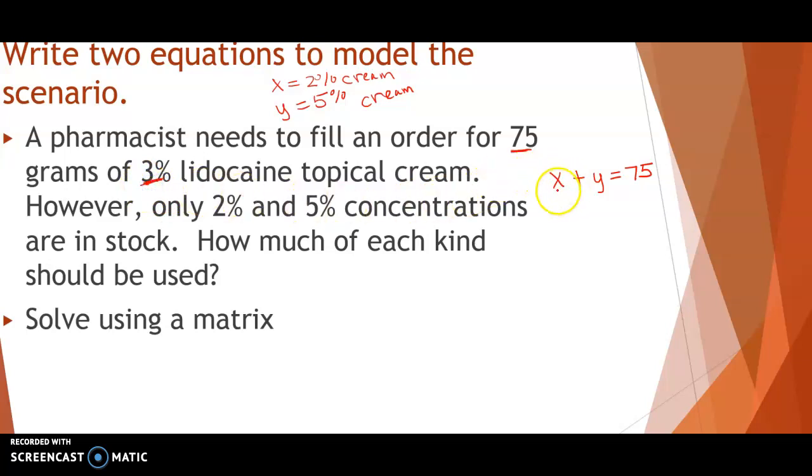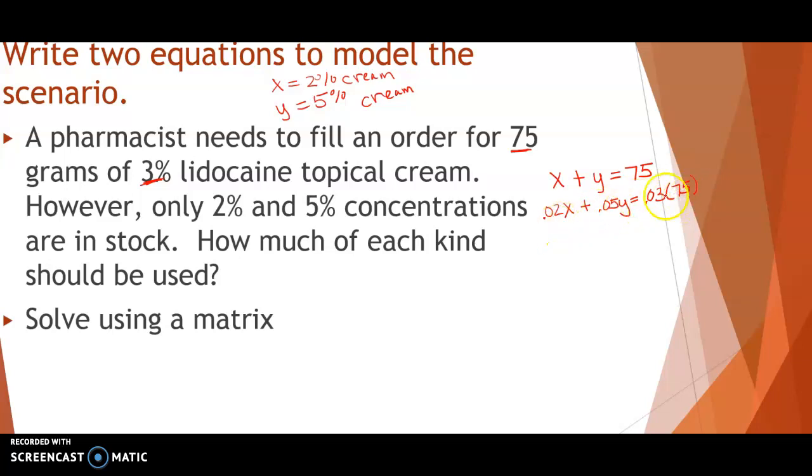And then I'm going to make my other equation based on this 3% as the final concentration. So in that first cream, 2% or 0.02 of that amount is the lidocaine. And the second one is the 5%, so 0.05 of that amount is the lidocaine. And in the end, 3% of that total is the lidocaine cream.